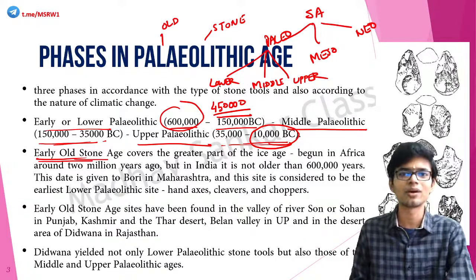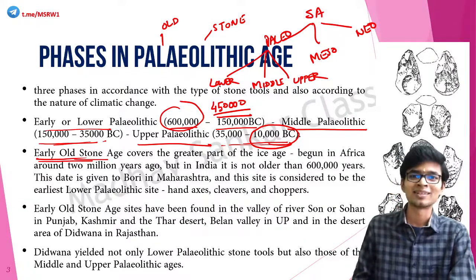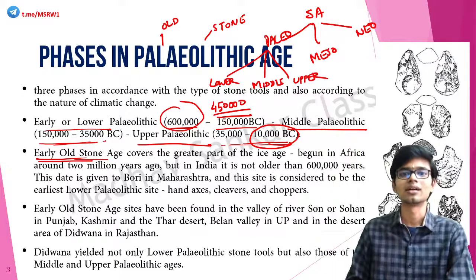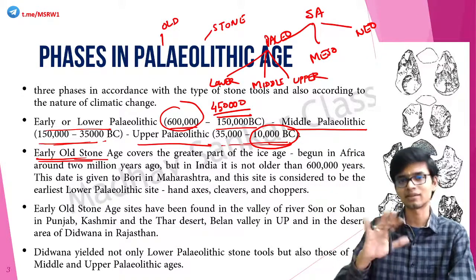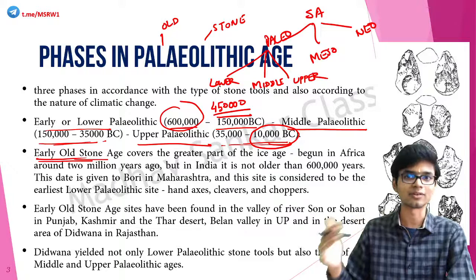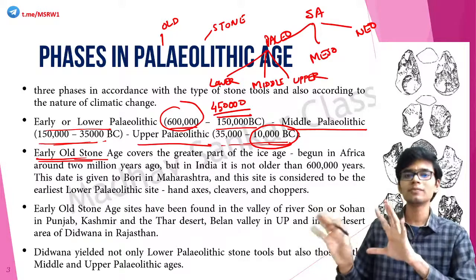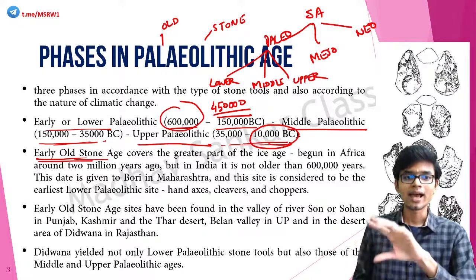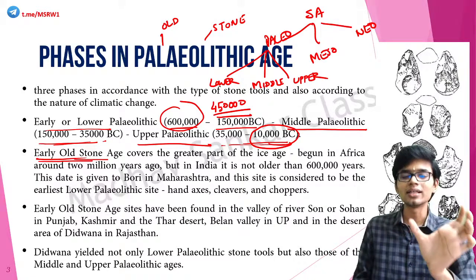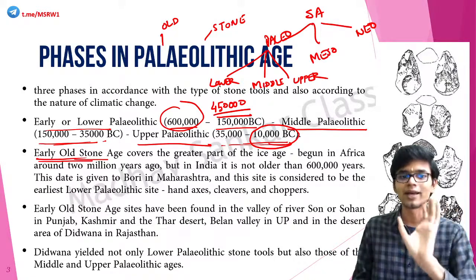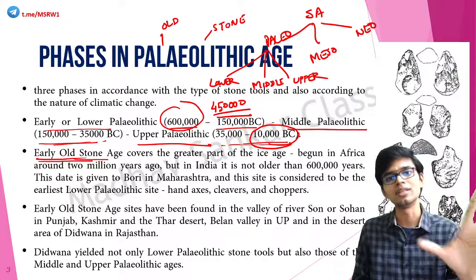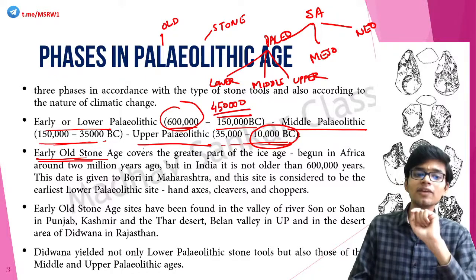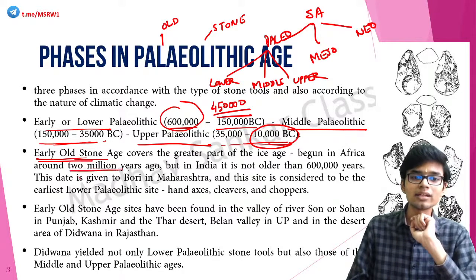I'm sure you have all watched the movie Ice Age. Basically it is a period in which the majority of the globe was covered with ice. There were severe climatic changes afterwards, but at some point a major chunk of Earth was under ice. Most of this Lower Paleolithic period was in the Ice Age, and it began in Africa around 2 million years ago.